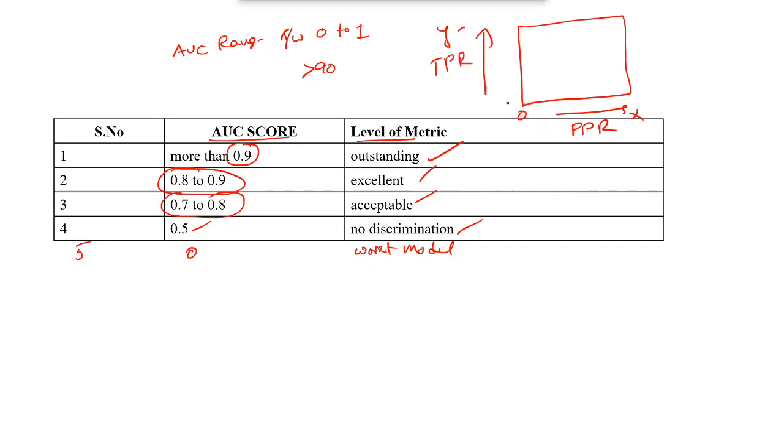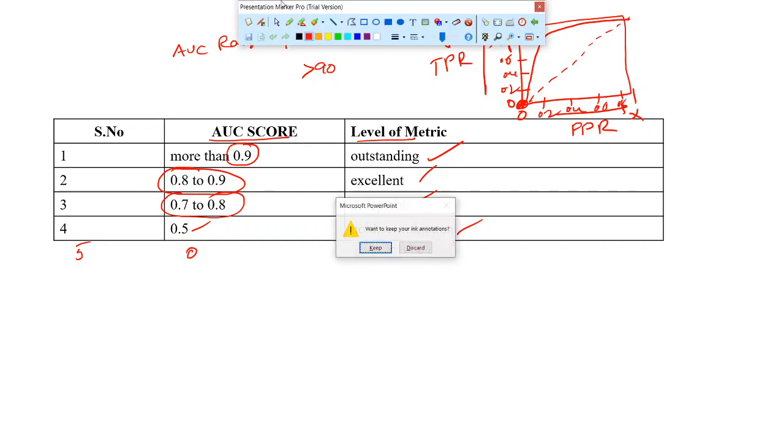Initially 0, 0, then 0.2, 0.4, 0.6, 0.8 and 1 on both axes. So this is the random classifier, and this is the ROC curve. Suppose here the point, I will explain clearly.